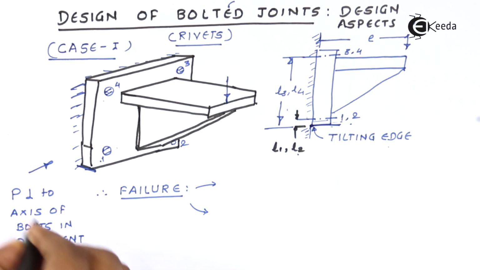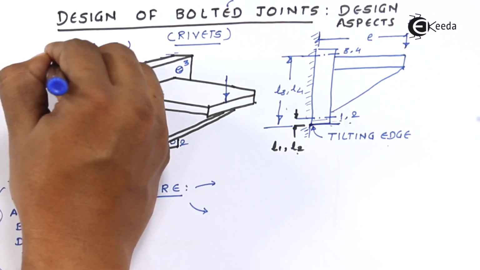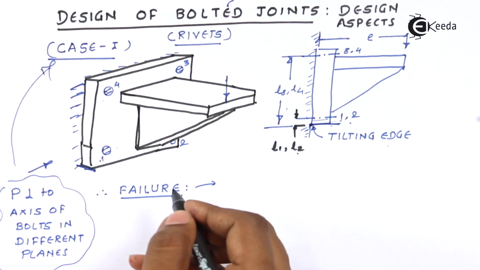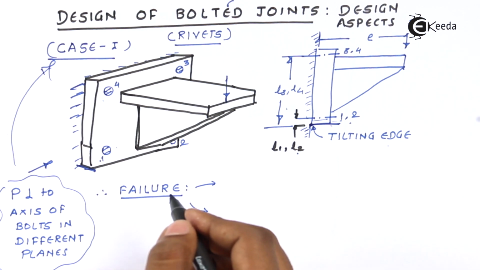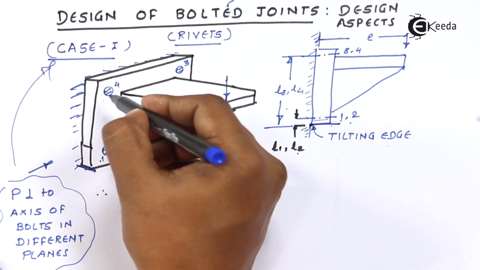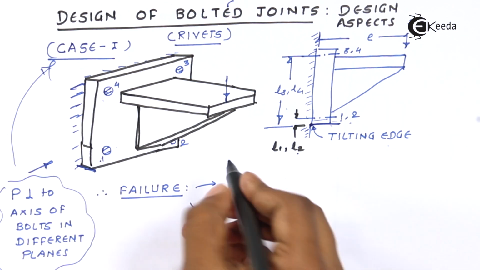And that makes up my case number 1. We are supposed to look at the failure modes also. There are two ways this can fail. Of course, when we are bolting this particular thing, we are actually turning them. When a turning comes into picture, there is direct shear.